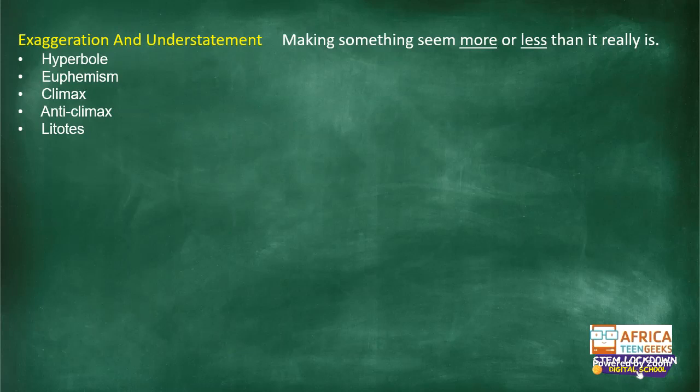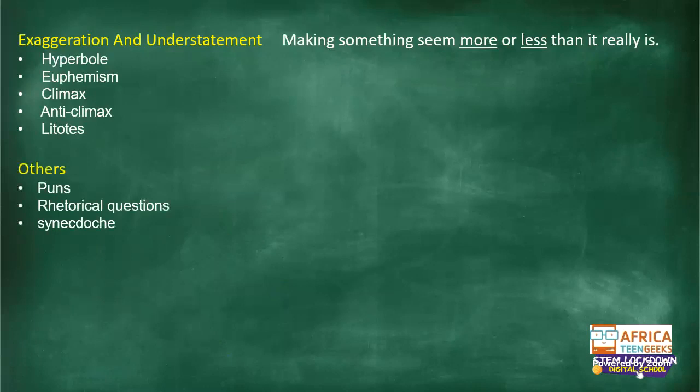So euphemism would be an example of making something less than it really is, and hyperbole, of course, for exaggeration. And for others, we said there's actually quite a whole lot. Puns and rhetorical questions fall under others, okay?